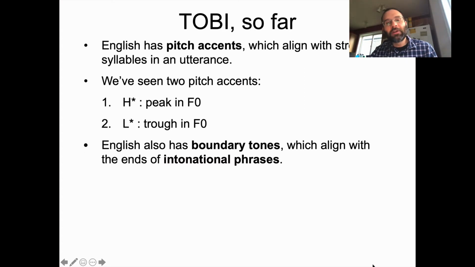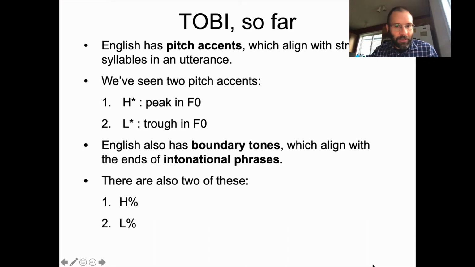Also, English has boundary tones, which align with the ends of intonational phrases. So these are not going to line up with specific stressed syllables or words or anything like that. They're just part of the utterance being divided up into what's called an intonational phrase, and at the very end of that, you get these things called boundary tones. And just as was the case with pitch accents, which had high and low variants, for boundary tones, we have high and low as well.